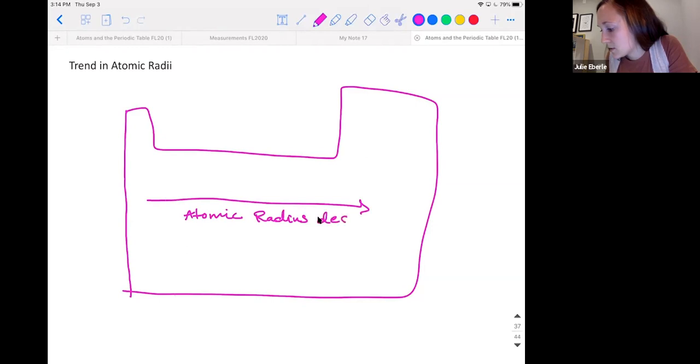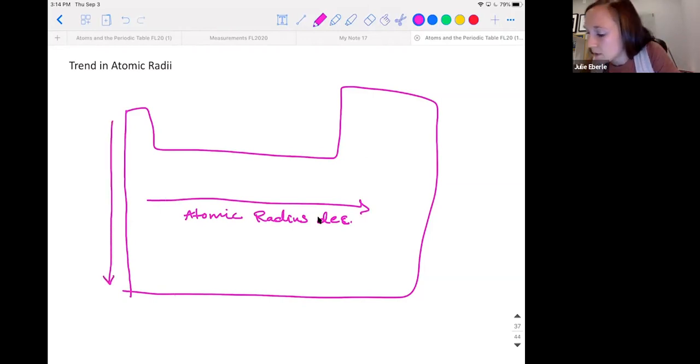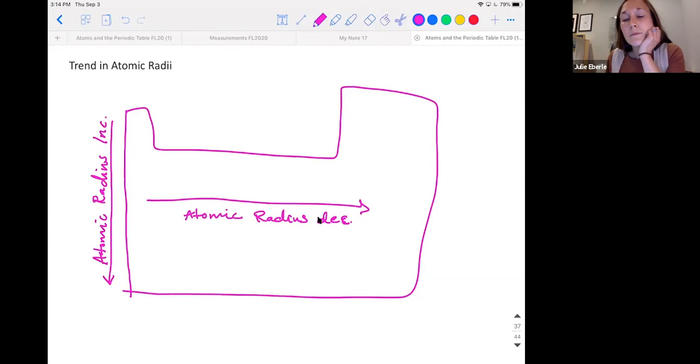It decreases. And then as you go from top to bottom, we said atomic radius increases. I want you to know these trends.